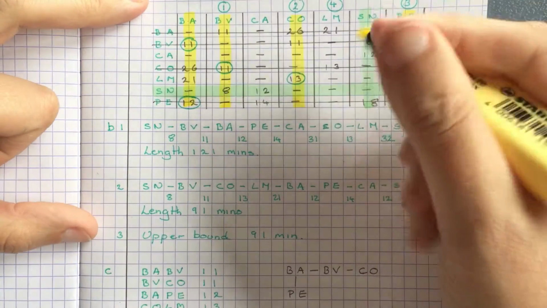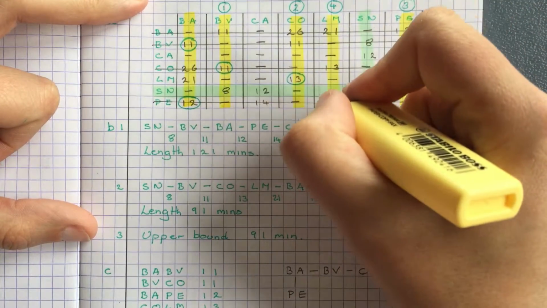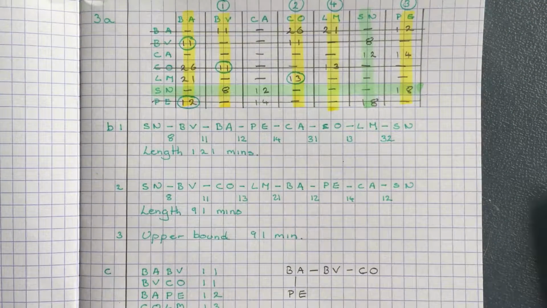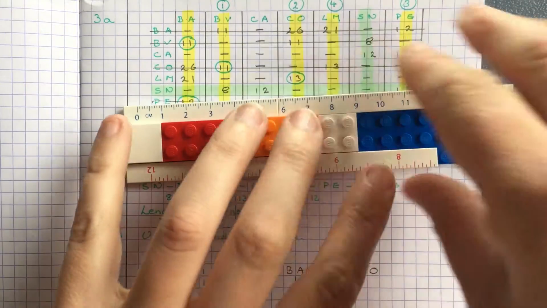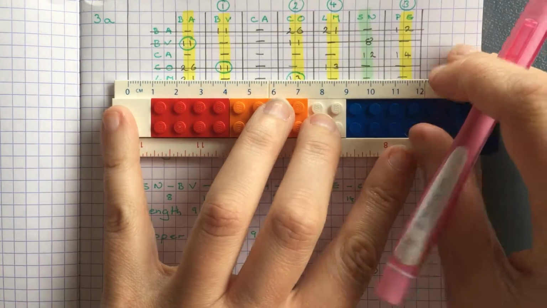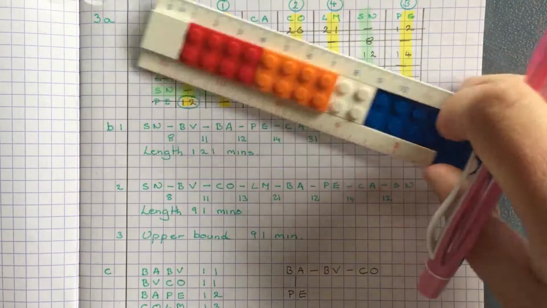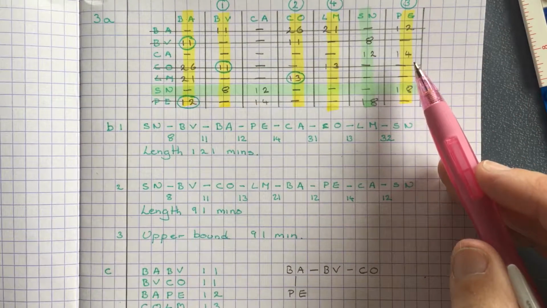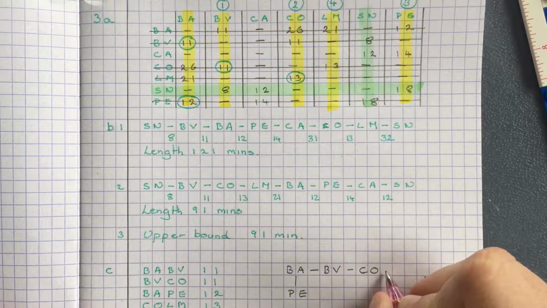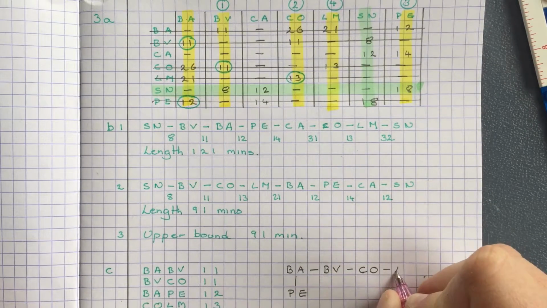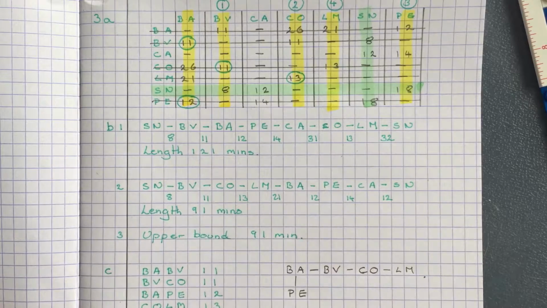We can highlight LM, we can cross out LM, and we can add it on to our network. It comes from CO and it is LM.